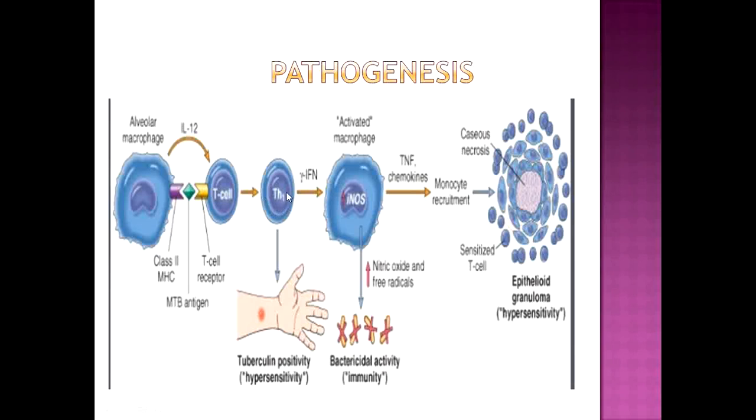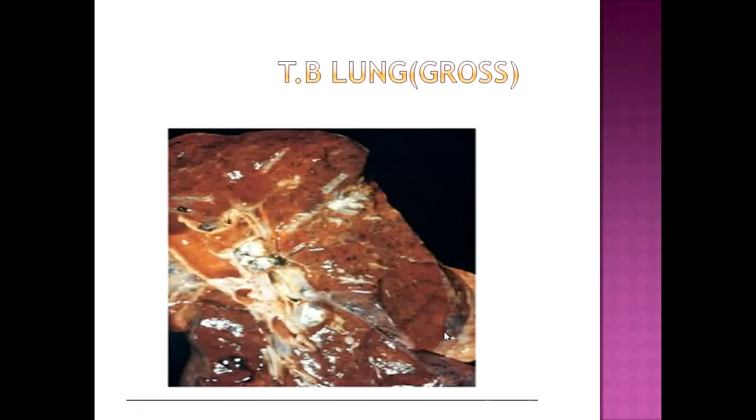Helper T cell class 1 is activated and it produces interferon gamma that activates macrophages. Activated macrophages secrete several chemokines and mediators that recruit lots of other macrophages and leukocytes necessary for granuloma formation. They also upregulate nitric oxide and reactive oxygen species to enhance their bactericidal activity.